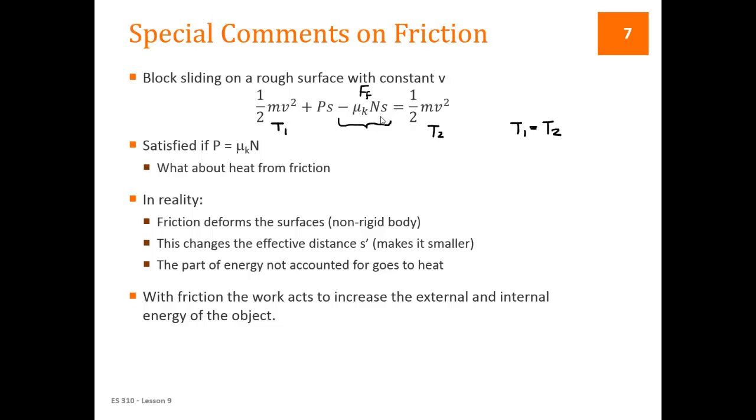The problem with that is that it doesn't seem to account for heat. We know that friction is also going to be creating heat while it's sliding down this hill or being pulled along the floor, but there's no heat in this equation. And so then we have to talk about what's really happening here. In reality, friction deforms surfaces, so we can't really treat friction in pure dynamics.